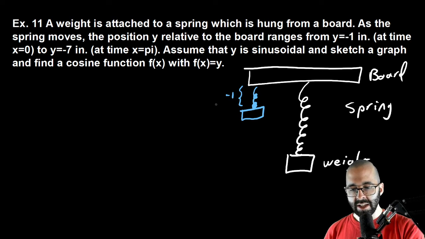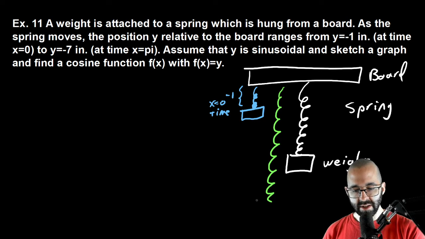And that's at time t, x equals 0. And the biggest it oscillates is 7 inches below the board. Sometimes it oscillates really far down.